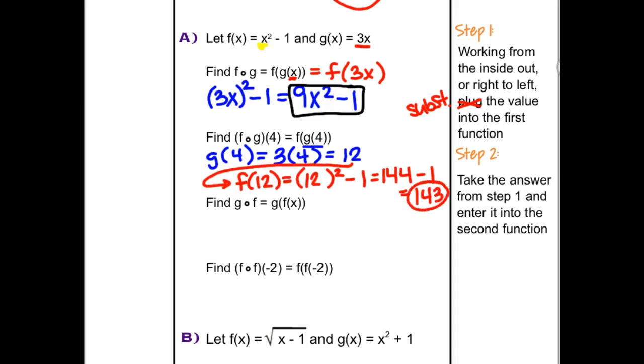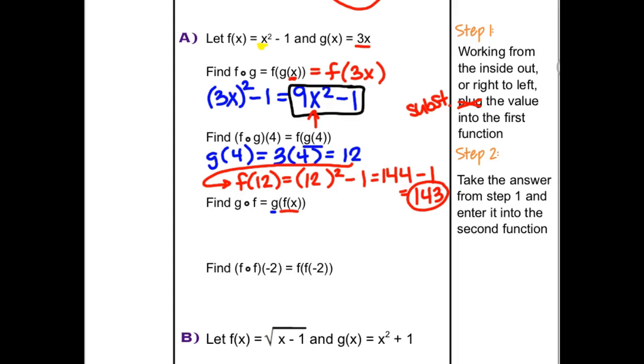Now if I had gone the route of saying, well, I already found f of g of x, and I put in 4 here, 4 squared is 16. 16 times 9, you guessed it, it's 144. Minus 1 is 143. Either way will work. So then we've got g of f of x. What that means is I'm going to take f of x and put it into g.